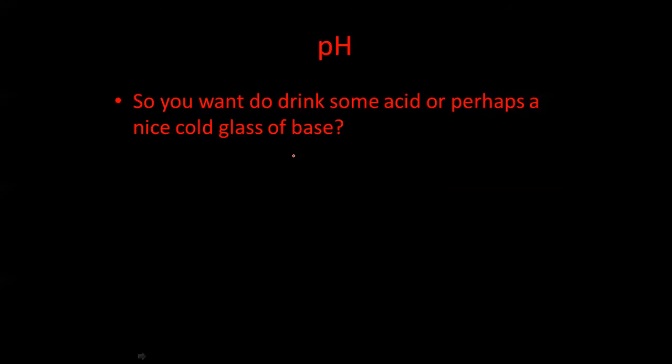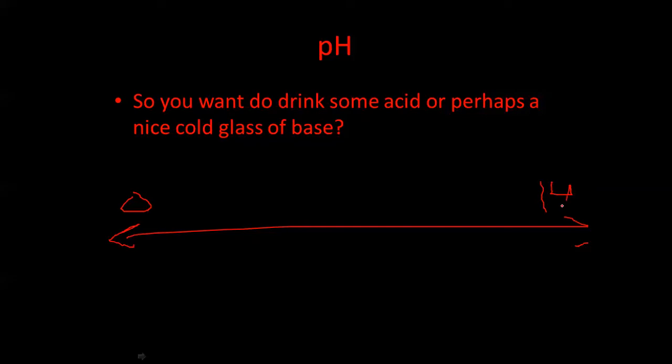So pH. Would you like to drink some acid, or perhaps a nice cold glass of base? No, of course not. You have a nice scale, and on one end of the scale you have 0, and on the other end you have 14. 7 is right in the middle.